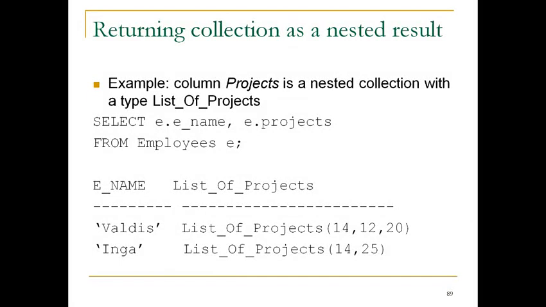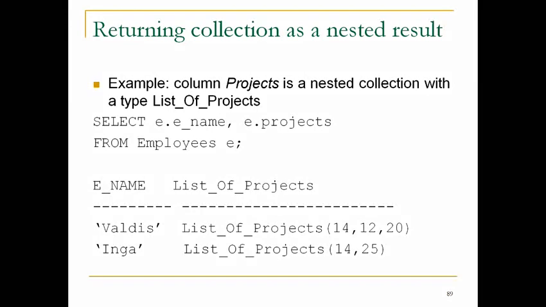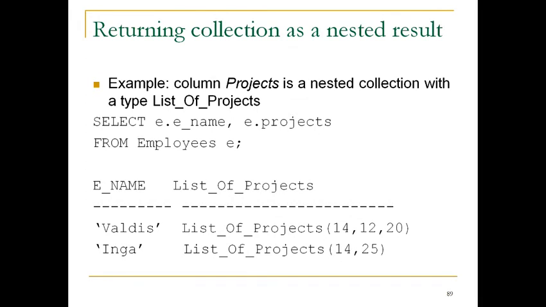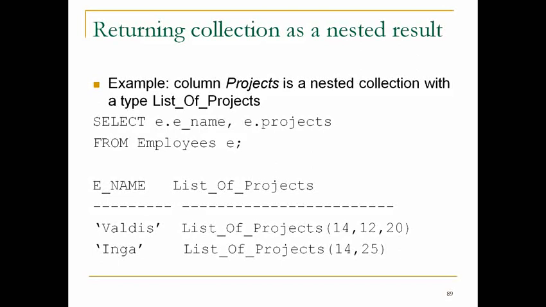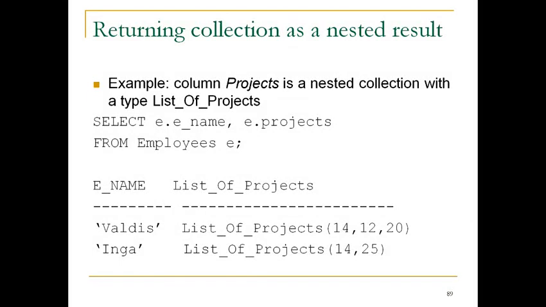We can retrieve the name of employees and the list of projects, which is, in this case, just a list of numbers. We can retrieve them as the row of the main table with the object of the nested table. So this whole table is retrieved as a single object.